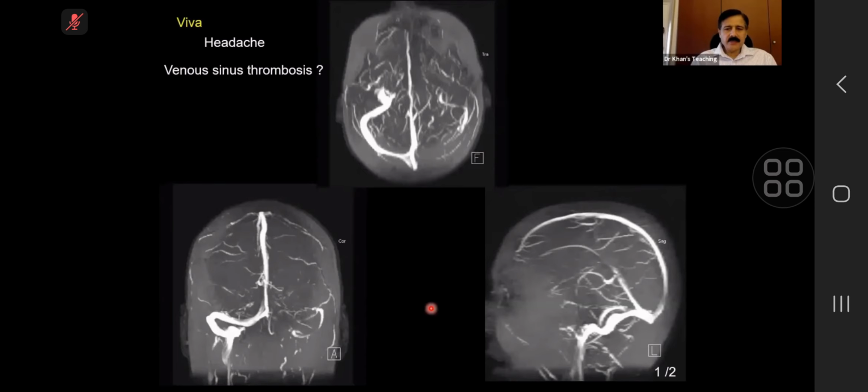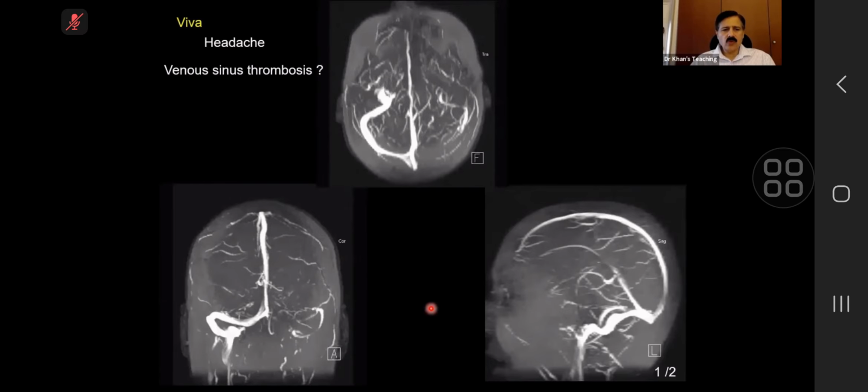Now, this is a known pitfall which can happen, and the pitfall is because of anatomy. About 16% of transverse sinuses might be what we call hypoplastic, and at times they are completely aplastic also.